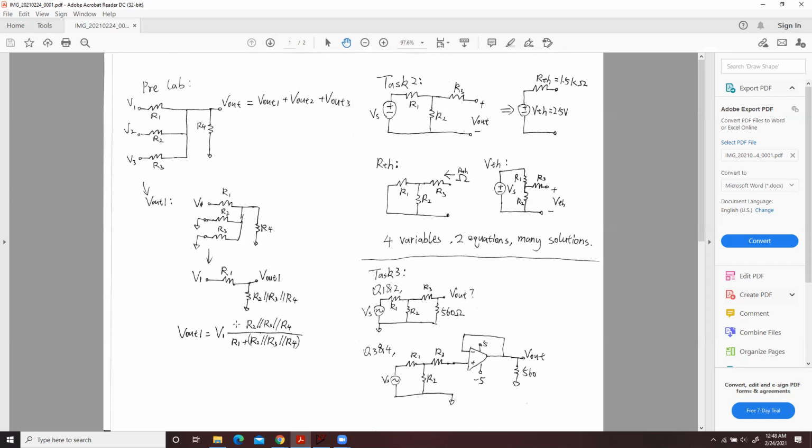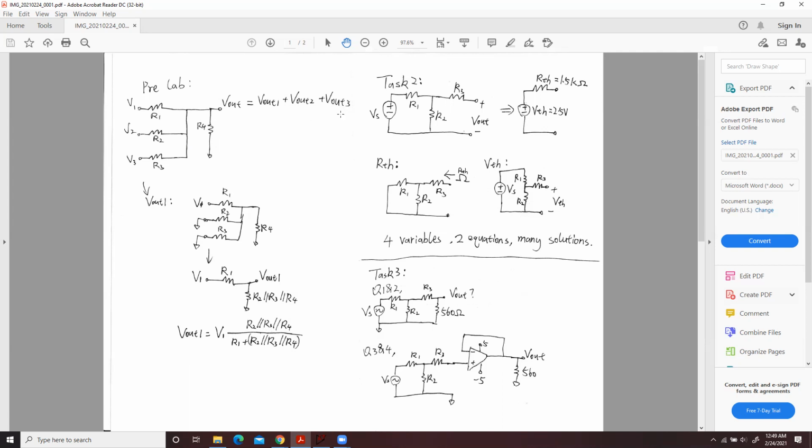You can simply use voltage division to calculate Vout1, as shown here. Then you can calculate Vout2 and Vout3 with the same method.